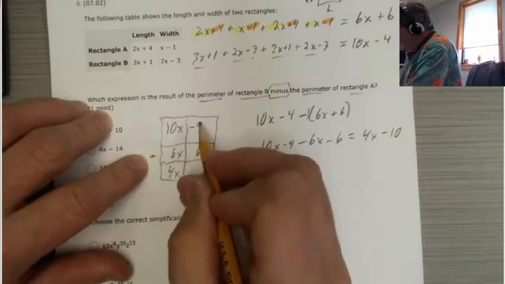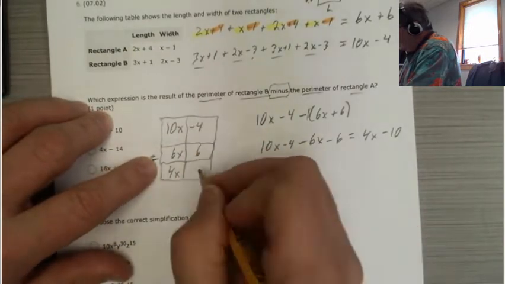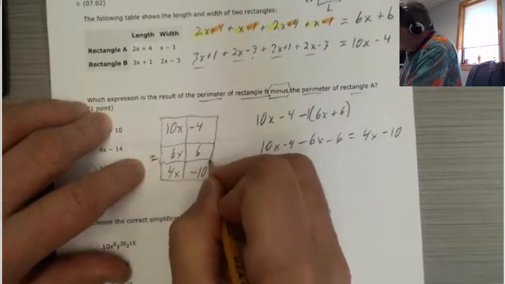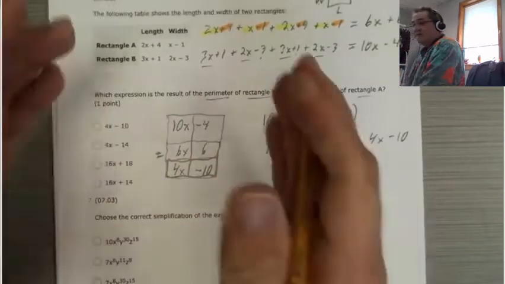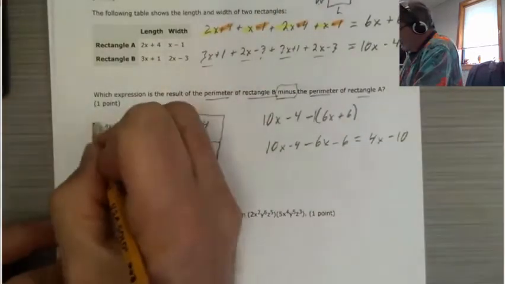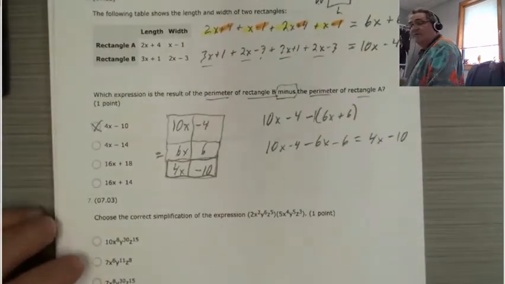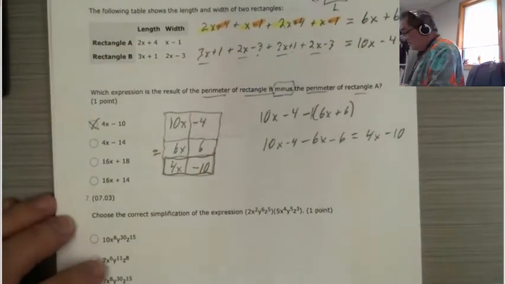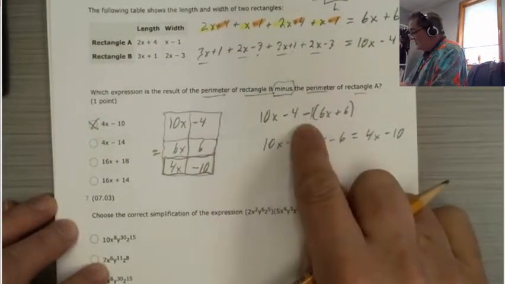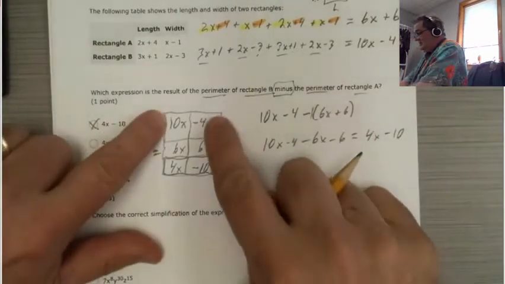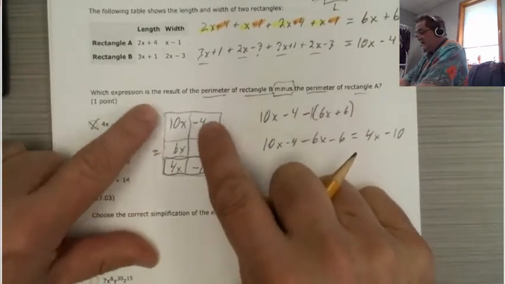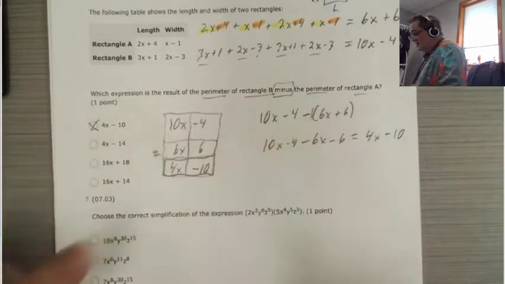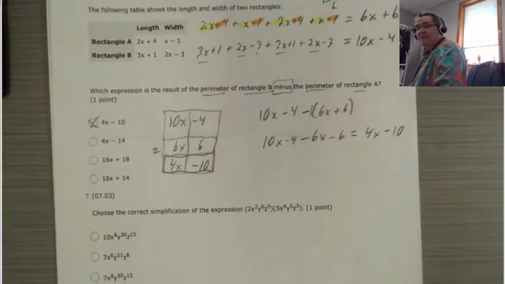And negative 4 minus 6, it'd be negative 10. So you can do it the vertical method. But either way, you should end up at 4x minus 10. So you can either do it horizontally, distribute, or you can put the same terms underneath each other, the x's under the x's, the constants under the constants, and check it that way.